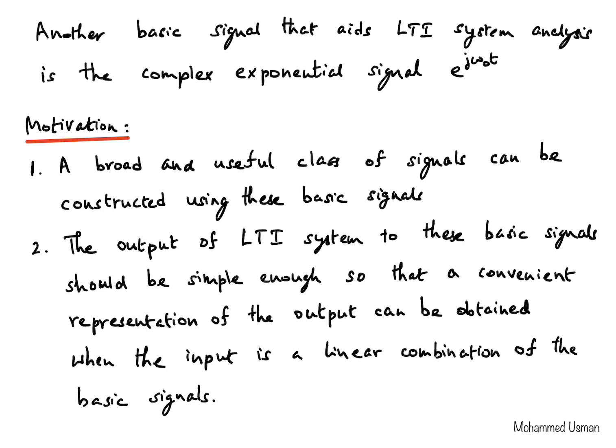So if we know the output of the system for some basic signal, then the output of the system for a linear combination of those basic signals can be easily obtained using the superposition property. Okay, so that's the second motivation why we would want to represent a signal in terms of the complex exponential signals.